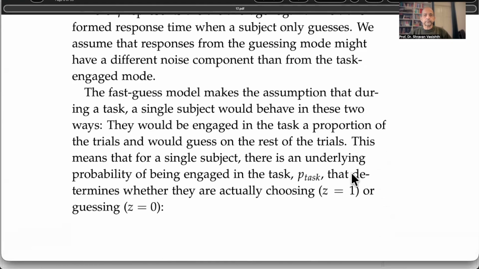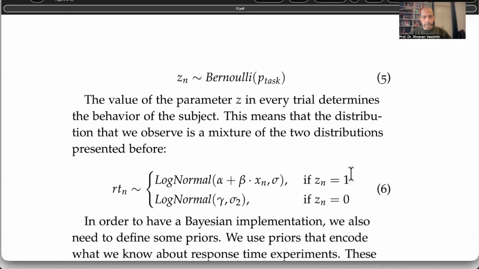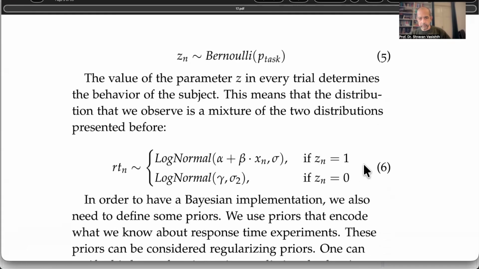This is the way to describe the process in terms of the latent variable, this indicator variable 1 and 0.